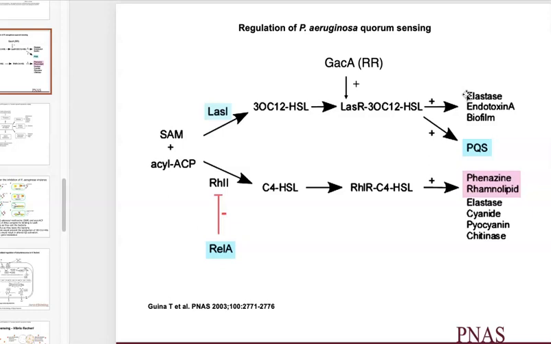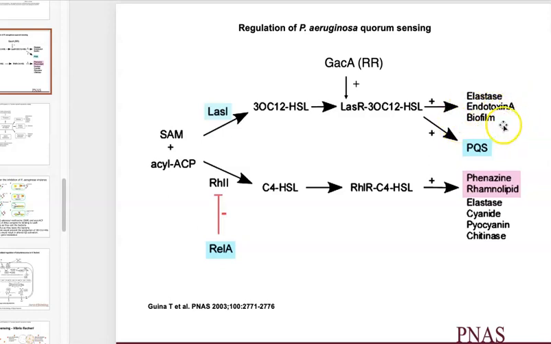So it will make proteases like elastase that can increase the sensitivity of these rival cells to antibiotics and basically just weaken their cell envelope so that they're more prone to lysis. And obviously this shouldn't say endotoxin A. This article made a mistake. It should be exotoxin A. Exotoxin A is an enzyme that interferes with translation in eukaryotic cells, so it can kill eukaryotic cells.